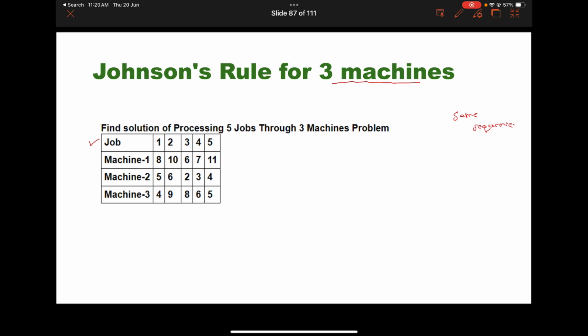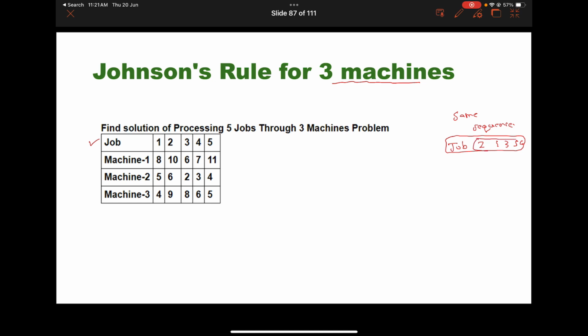Our problem is to sequence these jobs. That means we need to determine which job should be sequenced first, and then which job should follow, whether it is job 2, after that maybe 1, 3, 5, or like that.